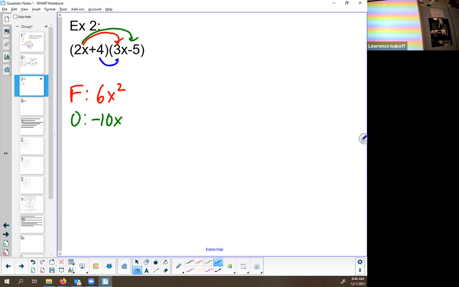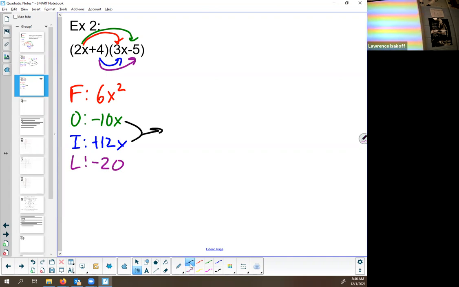I'll do that in this example. 4 times 3x, what does that give me? So my inner is 12x. So I'm going to put that as a plus 12x. And then last, what will that give me? -4 times -5 is indeed -20.